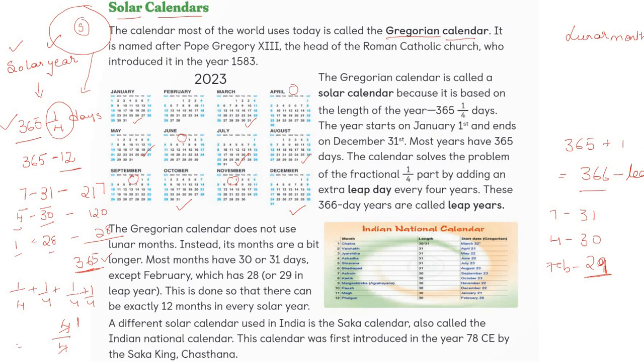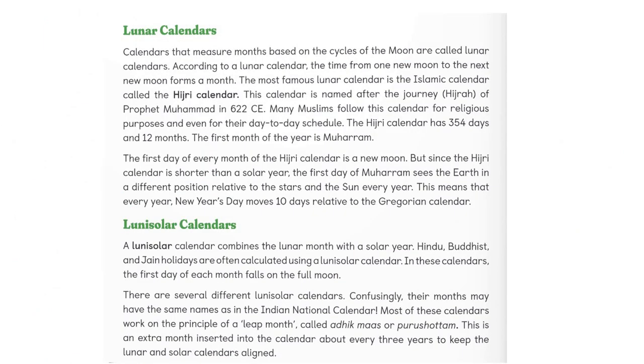Okay. So there are exactly 12 months in every solar year. The Indian national calendar is named after Saka King Chasthana. It is also a solar calendar. This calendar was introduced in 78 CE by the Saka King Chasthana.